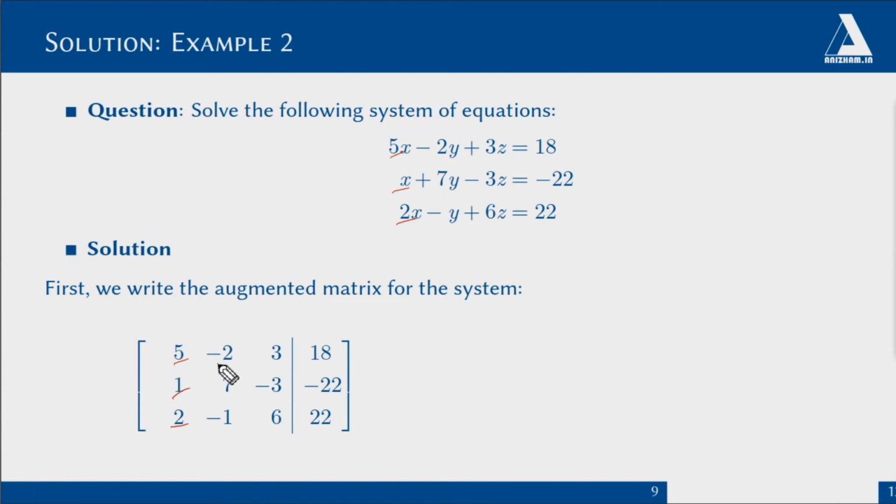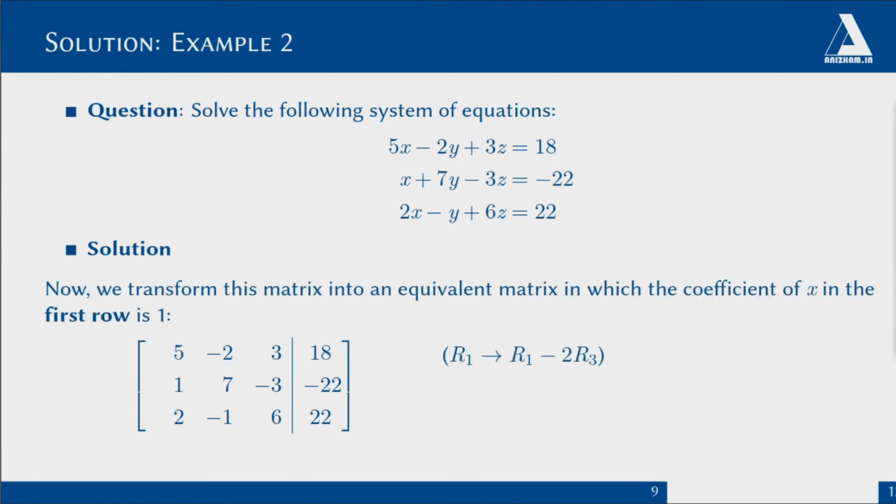Here minus 2 is the coefficient of y, 3 is the coefficient of z, and 18 is the right hand side of the equation. The augmented matrix consists of the coefficient matrix, which is the matrix towards the left of this vertical line, and the constants are towards the right of this vertical line.